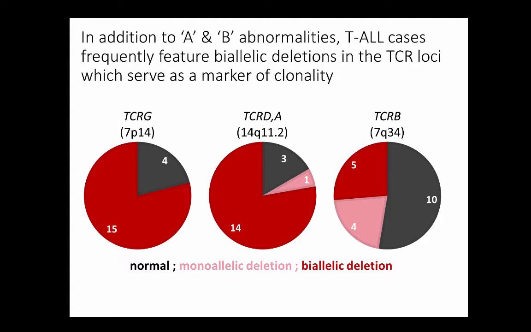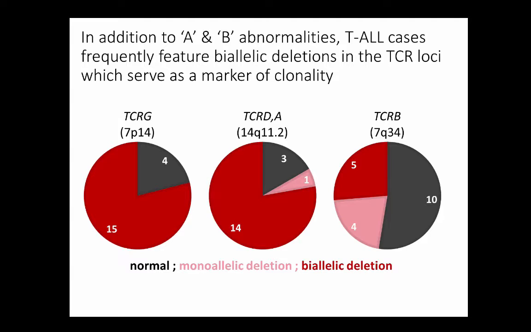So I've described to you A-type abnormalities that provide maturation arrest and B-type abnormalities that provide some proliferative advantage. Another type of finding we see in TALL cases are deletions in the TCR loci.